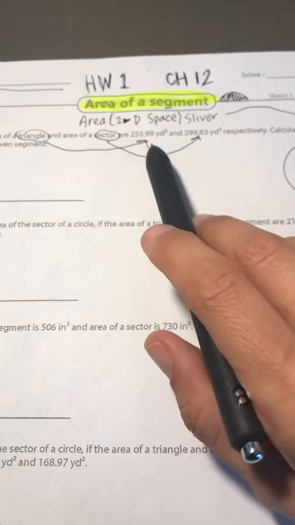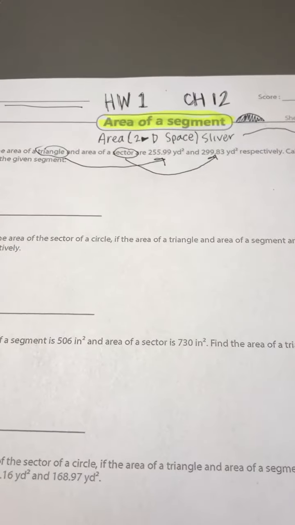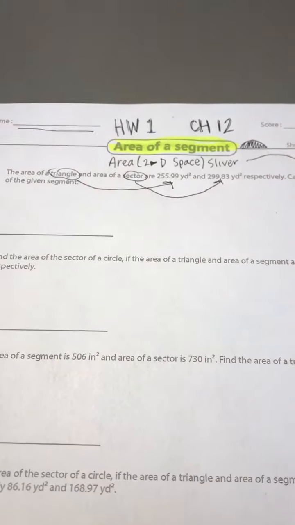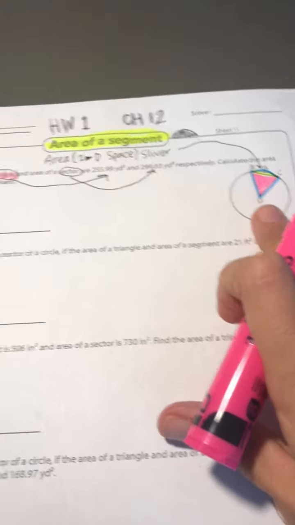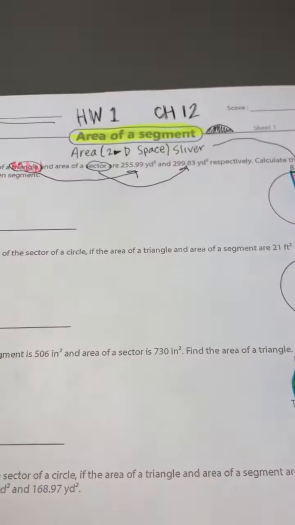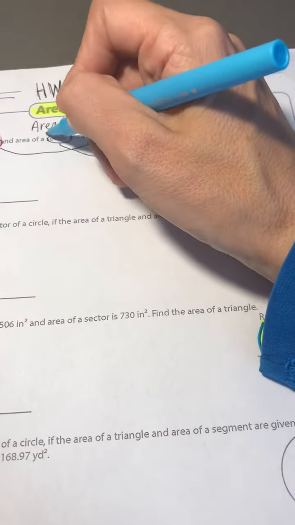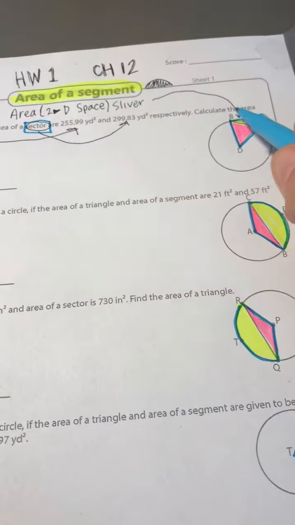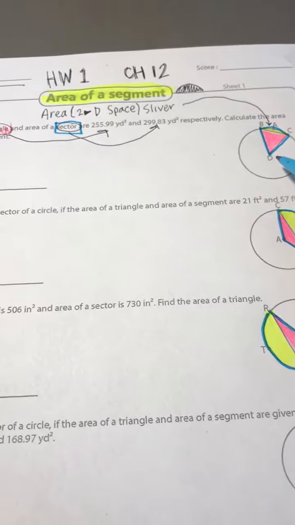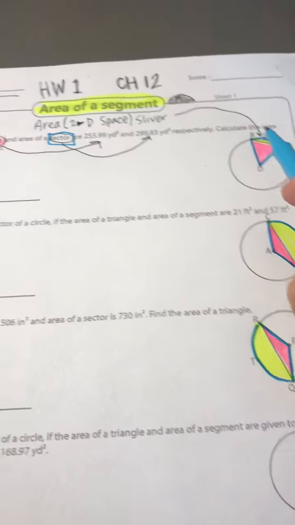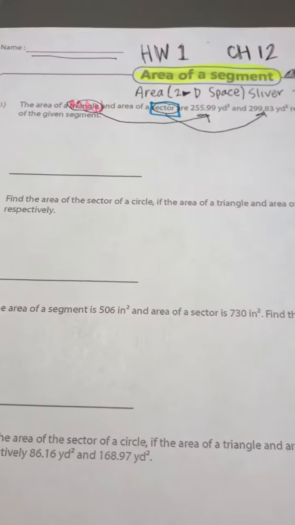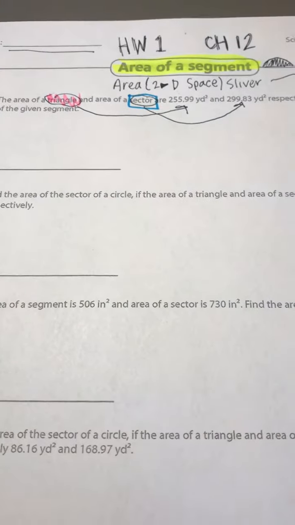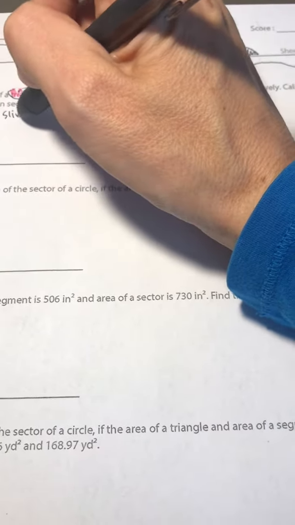The area of the triangle part is the part I highlighted pink, and the area of the sector is the whole blue part I outlined, the whole slice of pizza. Calculate the area of the segment. This is what I'm calling the sliver.